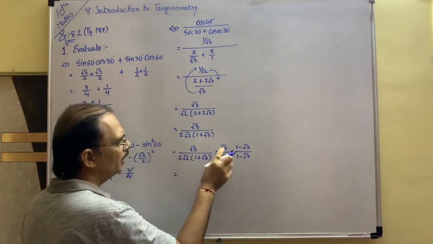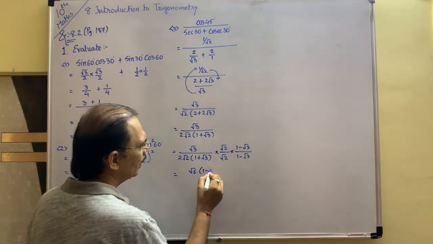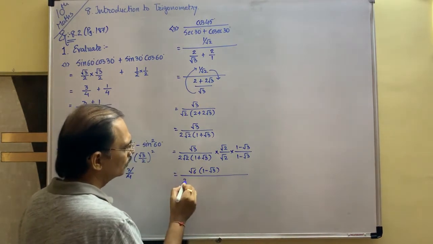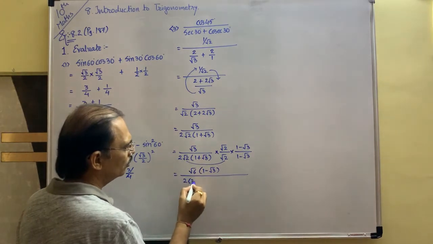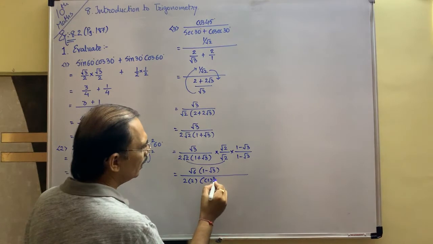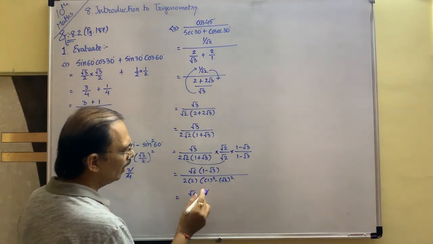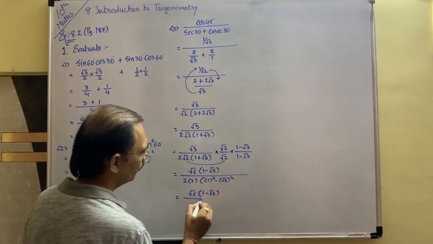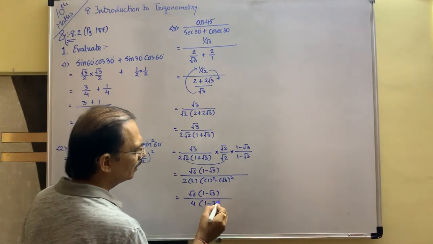Now see, root 3 into root 2 will be root 6, into bracket 1 minus root 3, upon 2 root 2 into root 2. Root 2 into root 2 is 2. A plus b into a minus b is a square minus b square. So in this way we can remove a square root or irrational number from the denominator. 2 2s are 4, 1 square 1, root 3 square 3.